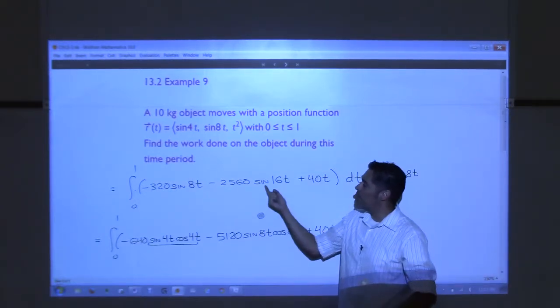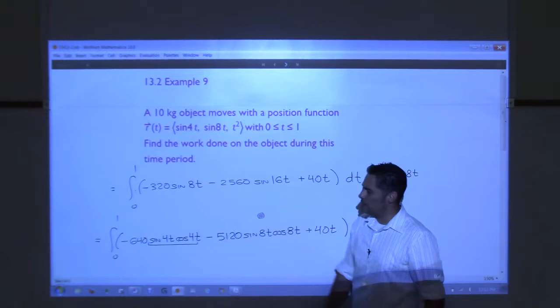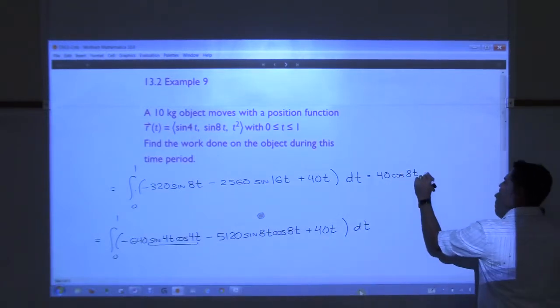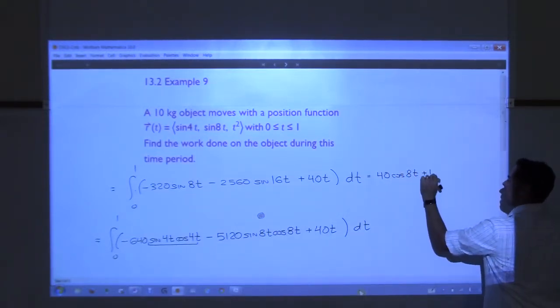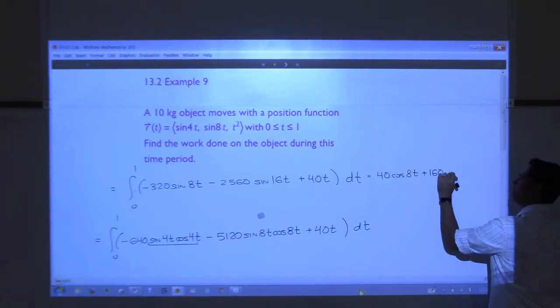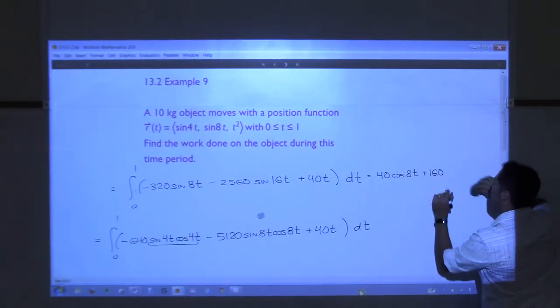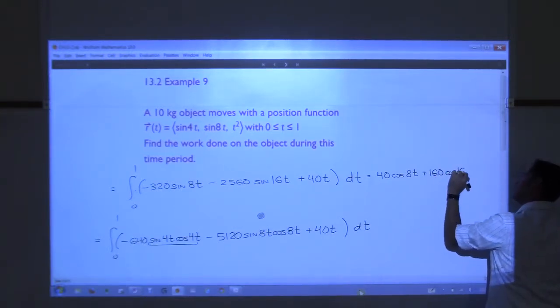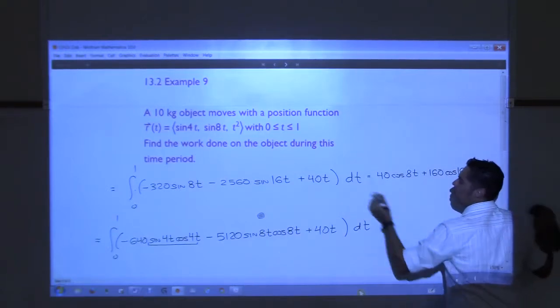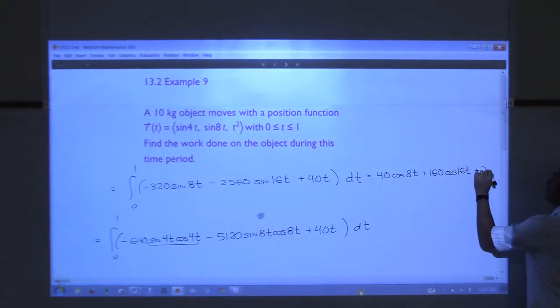The antiderivative of this is negative 1/16 cosine 16t. So divide that by negative 16, somebody please. 160. Okay, 160 cosine 16t, and then the antiderivative of 40t is 20t squared. And I'm evaluating that from 0 to 1.